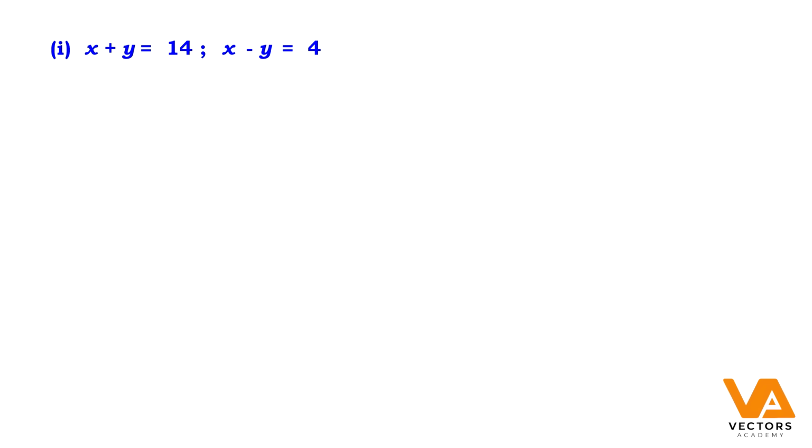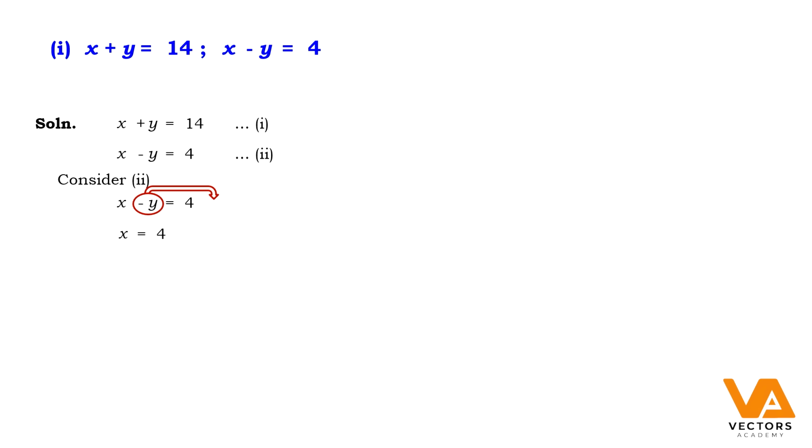Now consider one of the equations and find the expression for one of the variables. For example, if I consider x minus y is equal to 4 and I take minus y on the right, the expression becomes x is equal to 4 plus y.